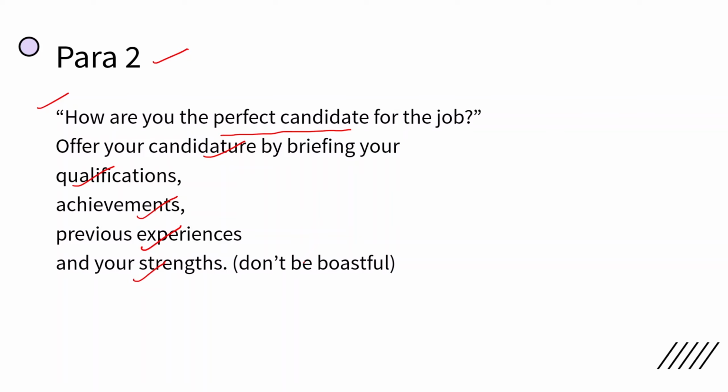When you write your strengths, don't be boastful. Explain your exact strengths there. So these are the things needed for the main paragraph, the second paragraph: your qualifications, achievements, previous experiences, and your strengths.